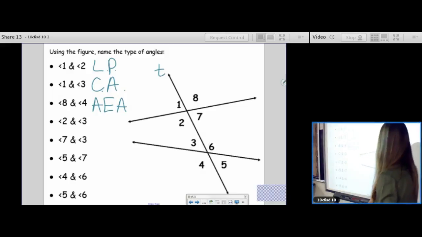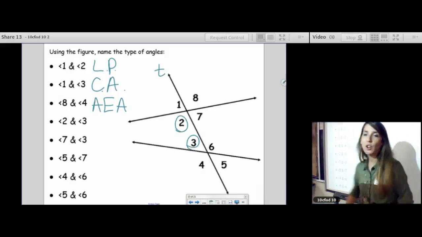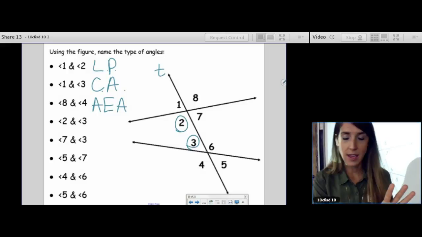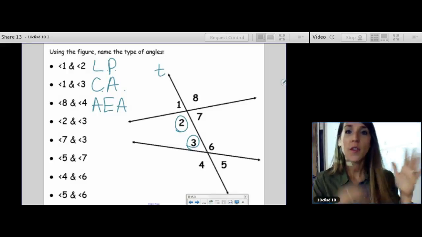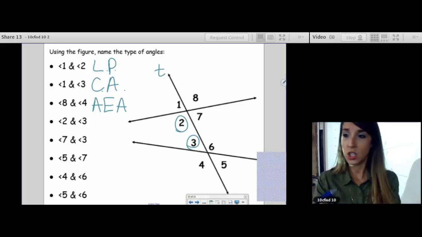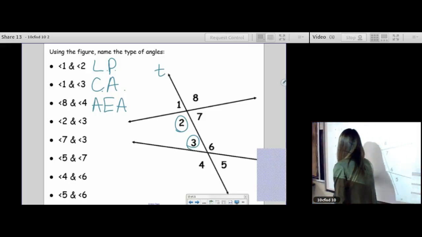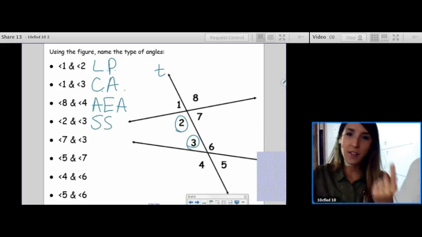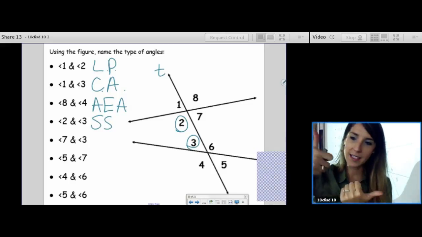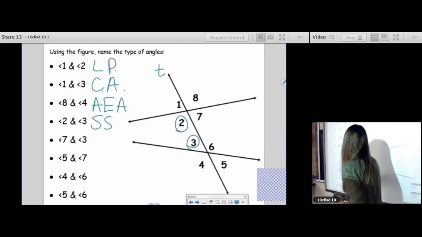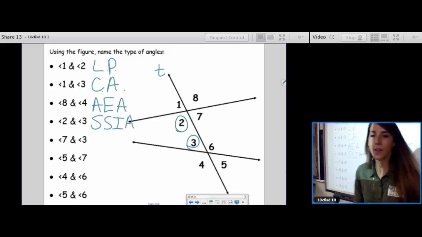2 and 3. If you're having trouble naming these, you always ask yourself 2 questions. Are they on the same side or alternate? 2 and 3: same side. Then you ask yourself interior or exterior. Interior. And then don't forget the A for angle.